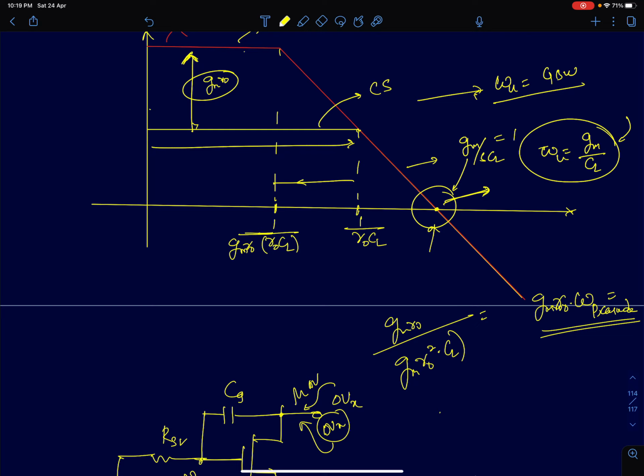You get much higher DC gain in a cascode amplifier. The bandwidth is reduced, DC gain is increased, but the gain bandwidth product remains the same. It offers the same gain bandwidth product as a common source amplifier. So we don't get the bandwidth advantage when driving capacitive loads. That's something to keep in mind. But when we are driving resistive loads, the bandwidth advantage definitely comes into play.